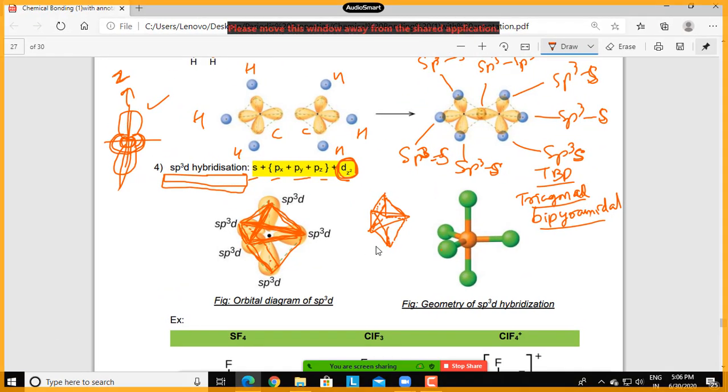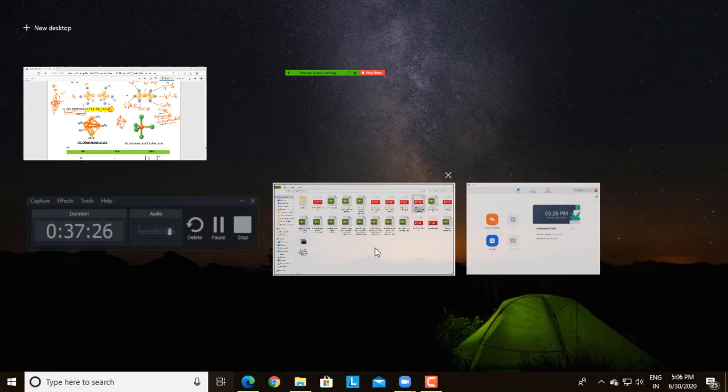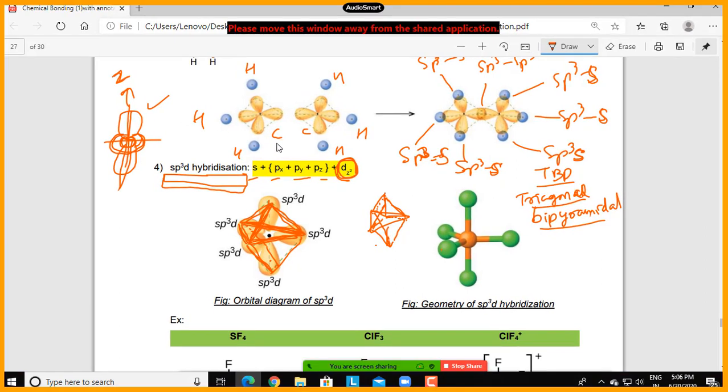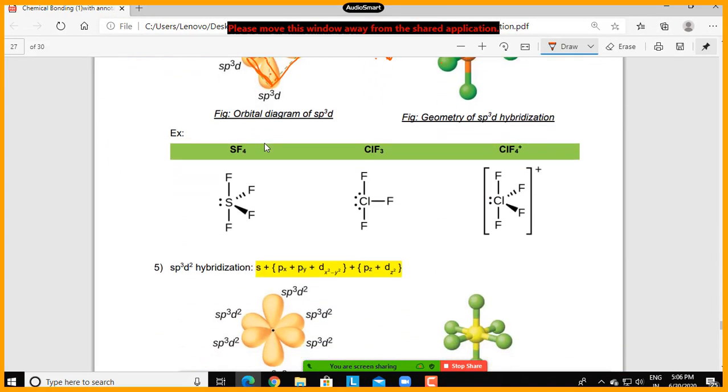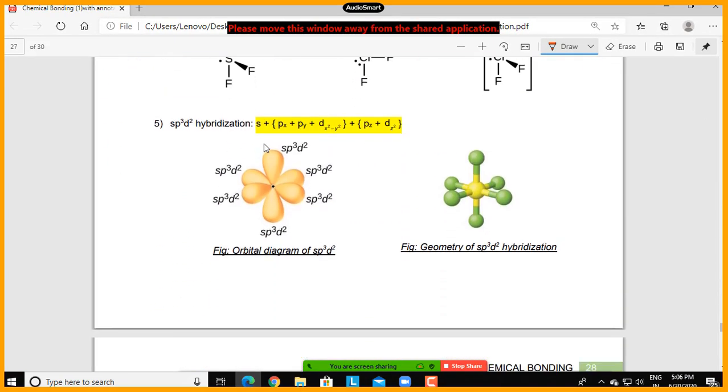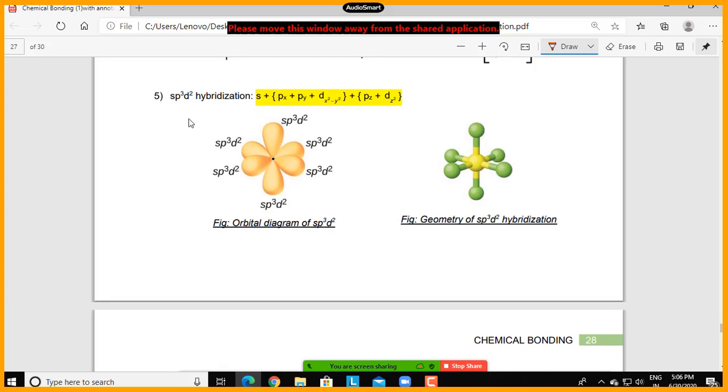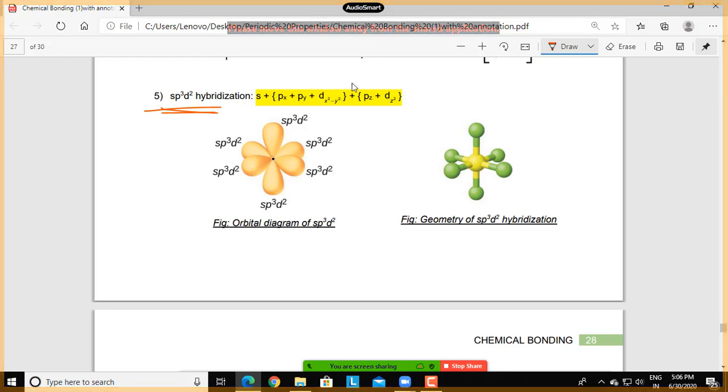First you see the different possibilities. Okay. Next, let us see the hybridization of sp3d2 hybridization. Means s, px, py, pz and dx square minus y square and dz square.